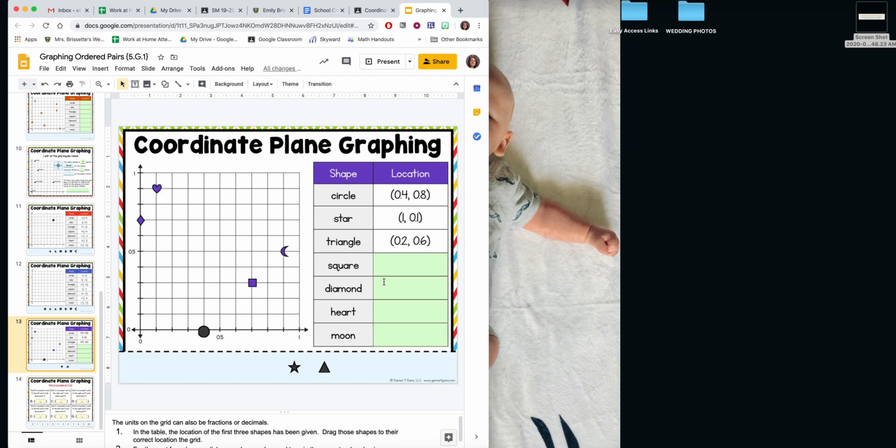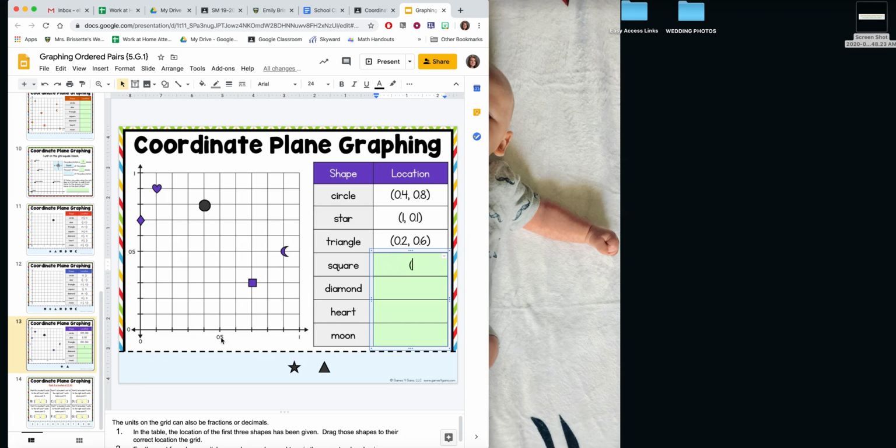Whoa. And then it says I need to go up to 8/10 on the y-axis. So I'll go all the way up to 8/10, 5/10, 6/10, 7/10, 8/10. So my circle goes here. Now for these 4 down below, you're going to need to type in the coordinates of the shapes that are already on the coordinate plane.